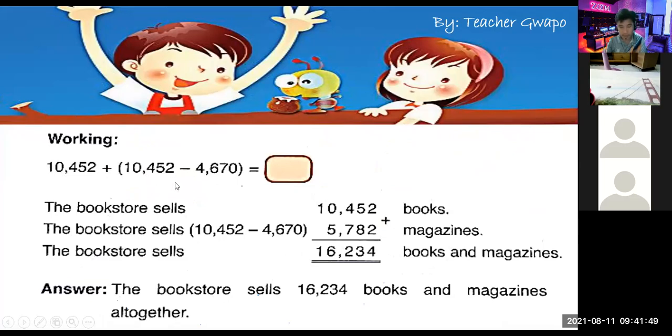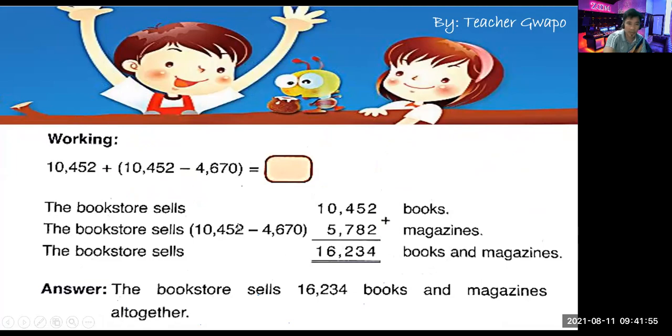We need to do like this so that we will know the number of magazines that sell from the bookstore, because it says there that it sells 4,670 magazines, or less magazines than books when they sell it.